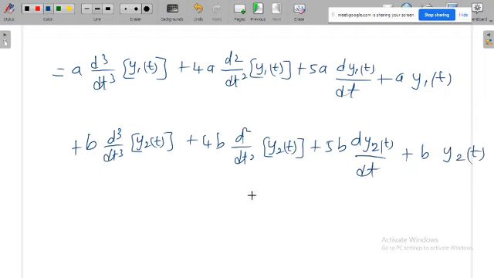If you carefully observe, all these terms consist of a, then you write that a separately.